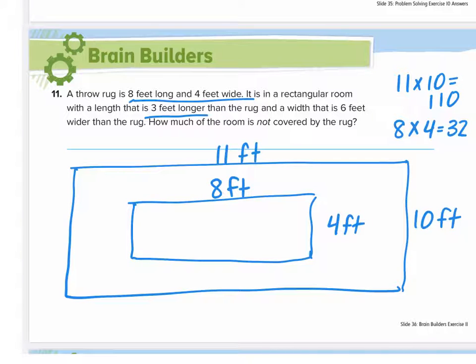So 110 minus 32 equals, we have to regroup, 0, 10, 8, and then we have 10 minus 3, which is 7. So 78 square feet is not covered in the room by the rug.